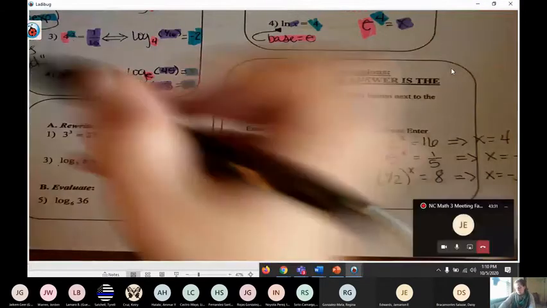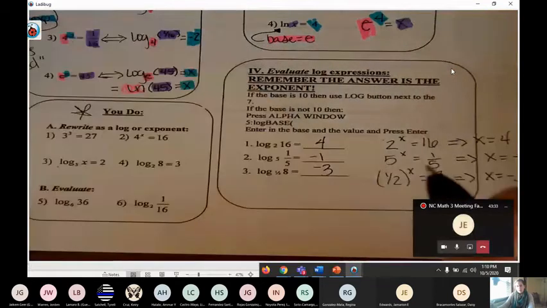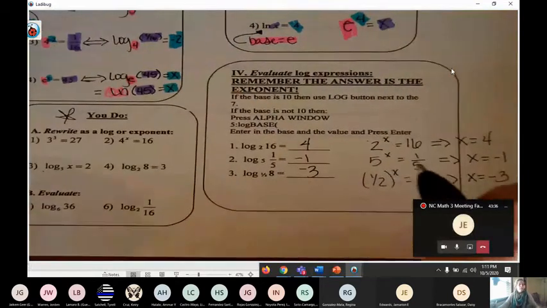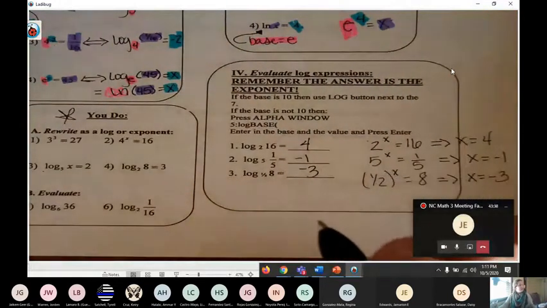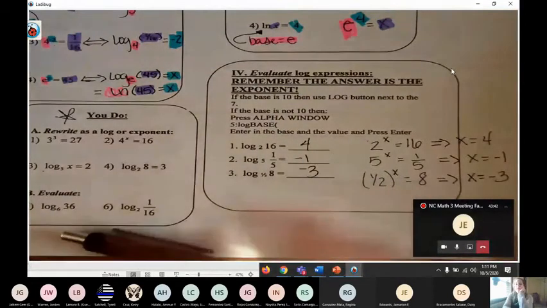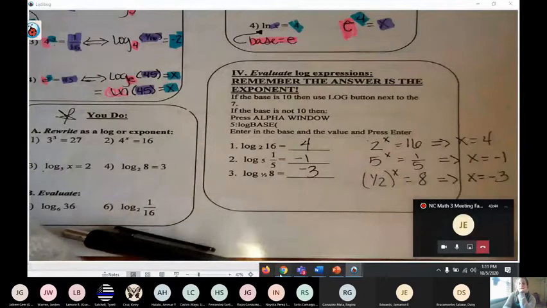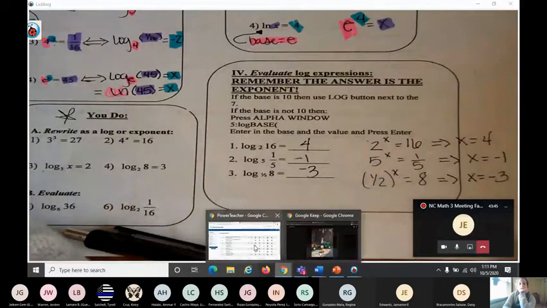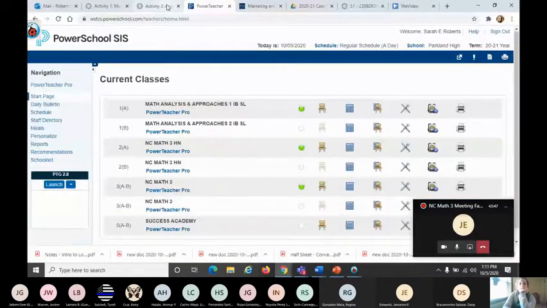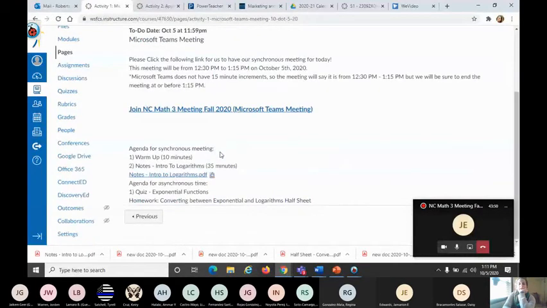So for your asynchronous time, I need you guys to do this you-do. Don't worry about the back for now. We'll talk about that some other time. You also have a quiz to do today, so I'm going to pull up that screen real quick. You have a quiz over exponential functions.